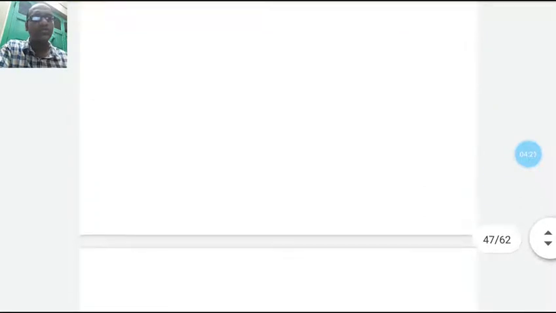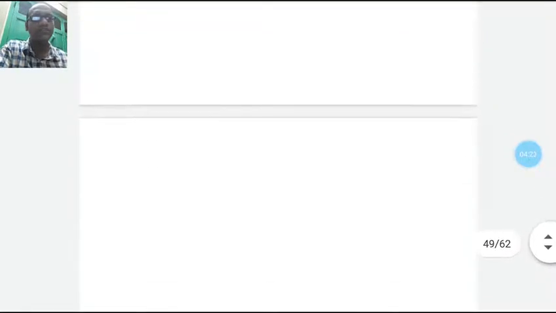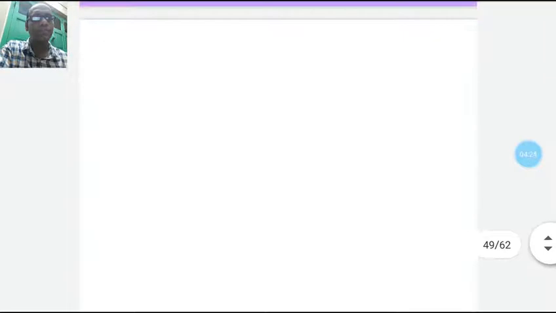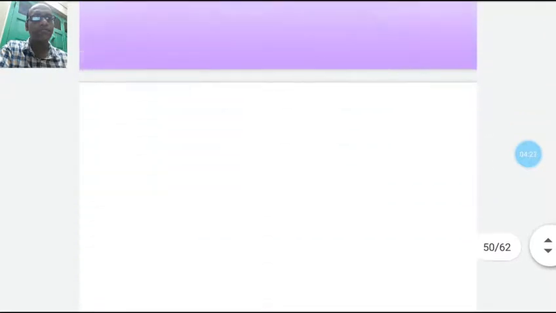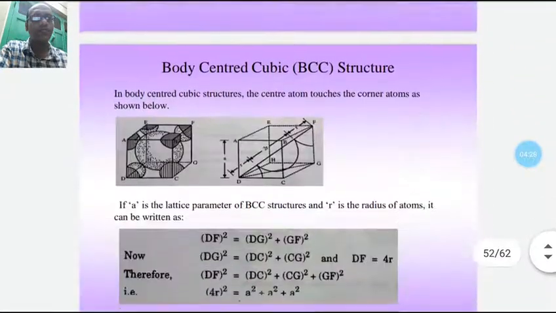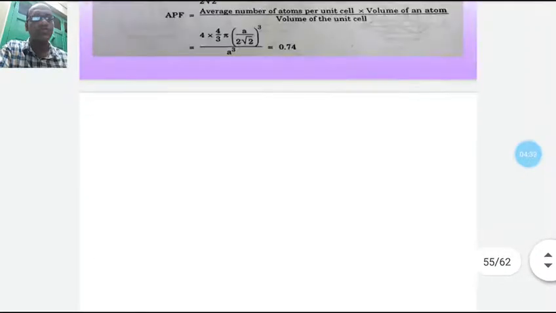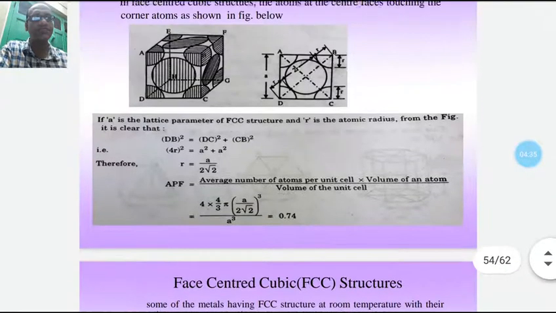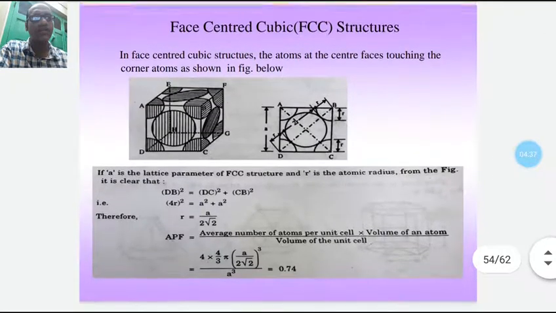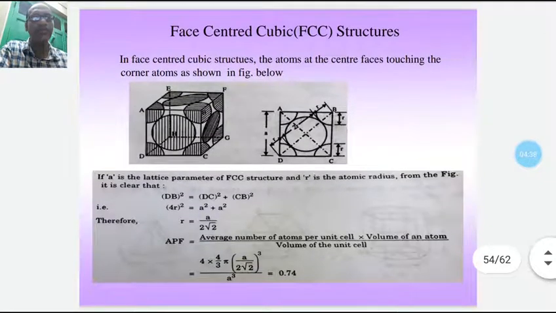So again we are moving to our part. For the FCC structure, R is equal to a by 2 root 2.